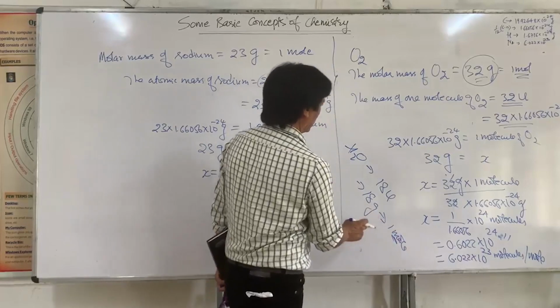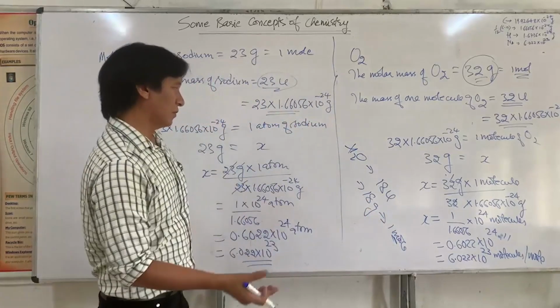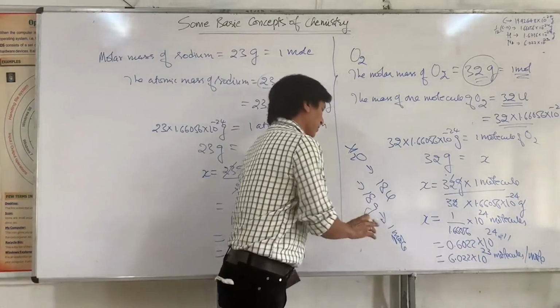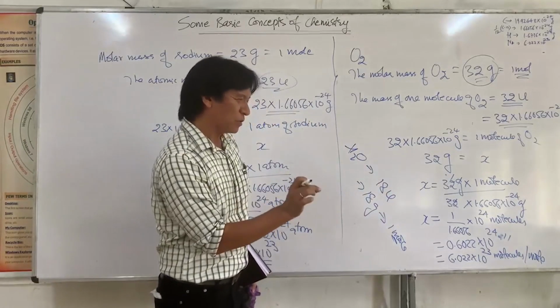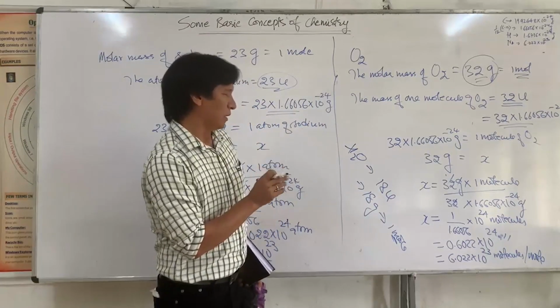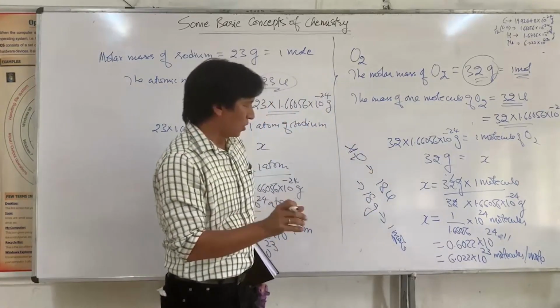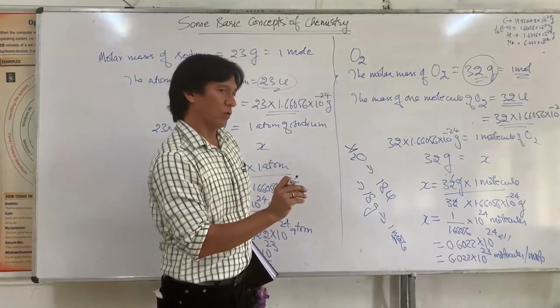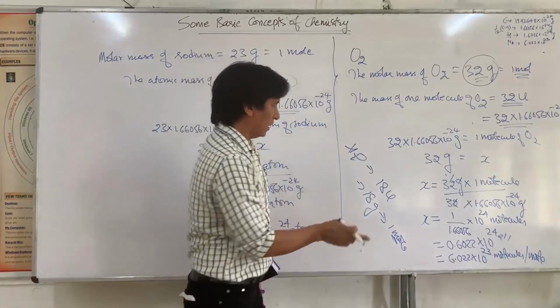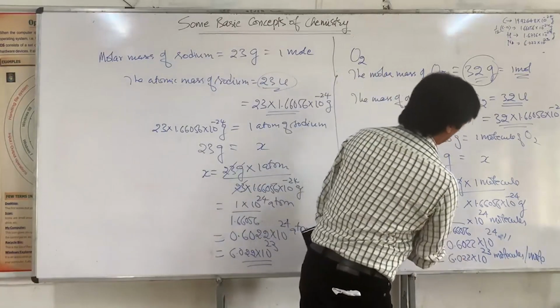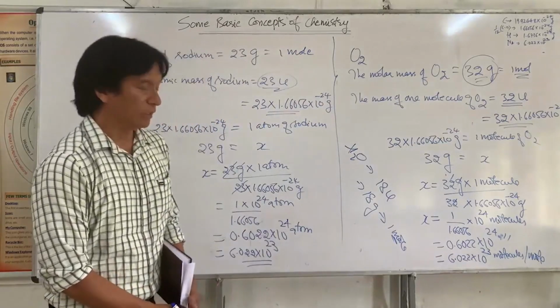Now you find the mass in grams of 1 molecule of water, and then you divide this 18 grams by the mass of 1 molecule of water in grams, and you will get this number. You can try it yourself.